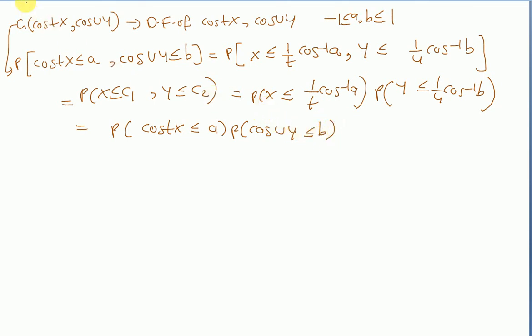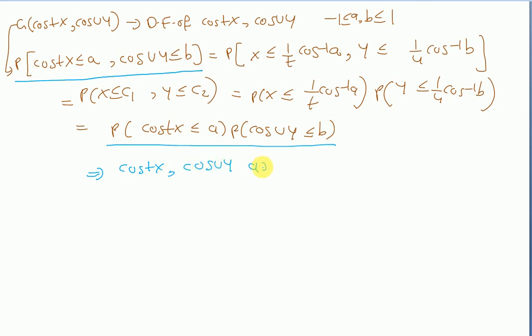So finally see that we wrote the joint probability cos tx less than or equal to a, cos uy less than or equal to b as a product of individual probabilities. That means cos tx and cos uy are independent.